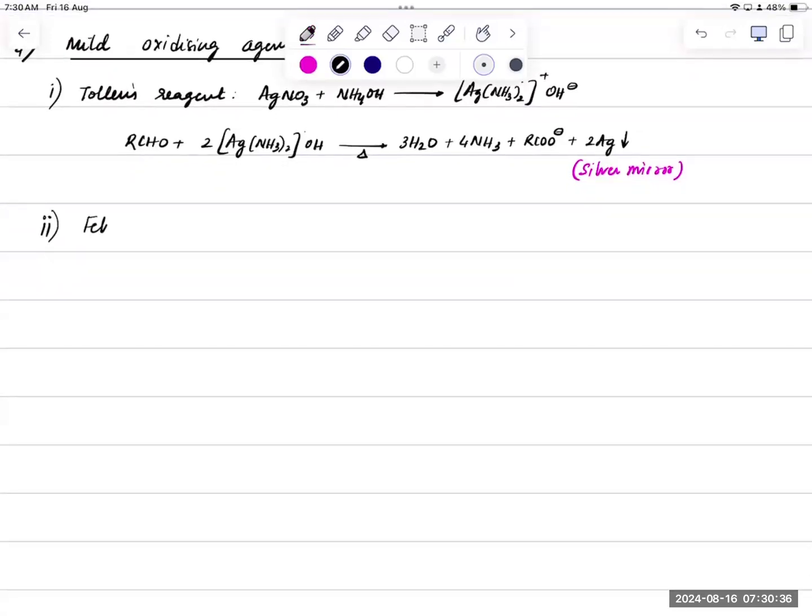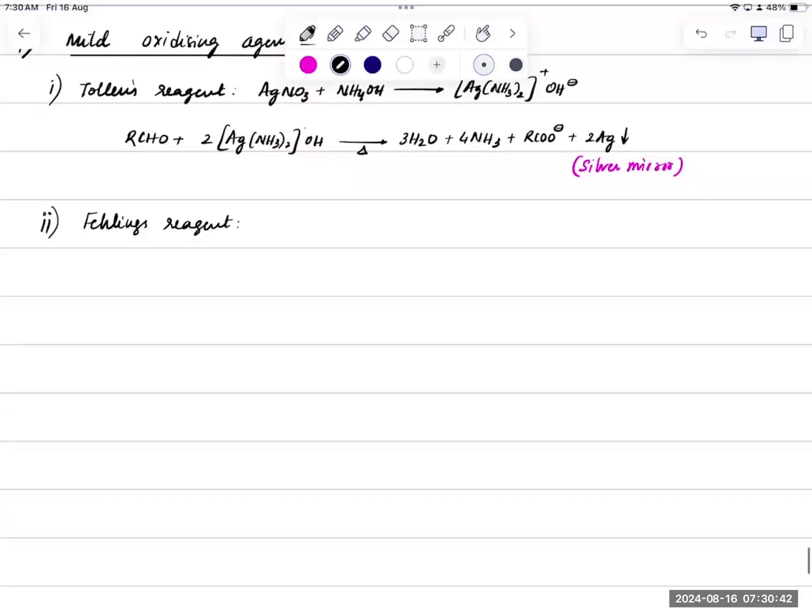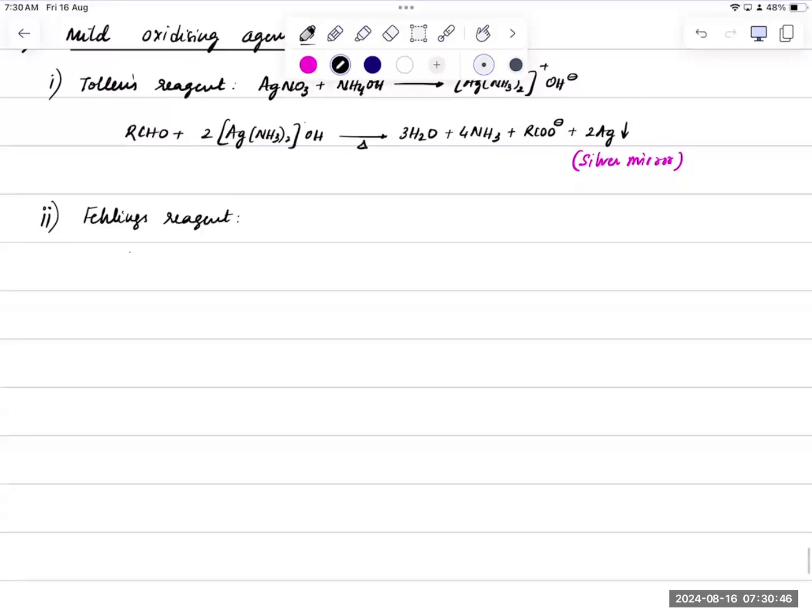Next, second, Fehling's test or Fehling's reagent. We need to have an equal amount of two solutions here.